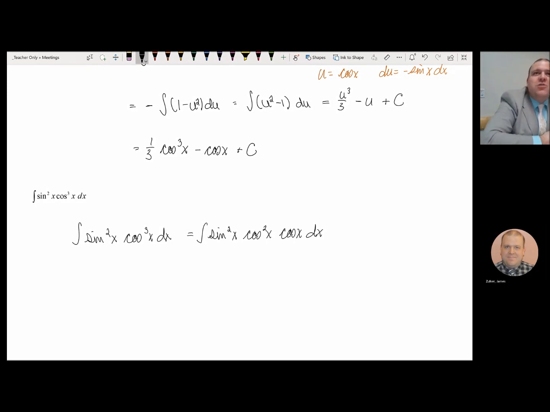But that cosine squared throws a wrench into that, right? But we have a Pythagorean identity. Right, cosine squared is 1 minus sine squared.